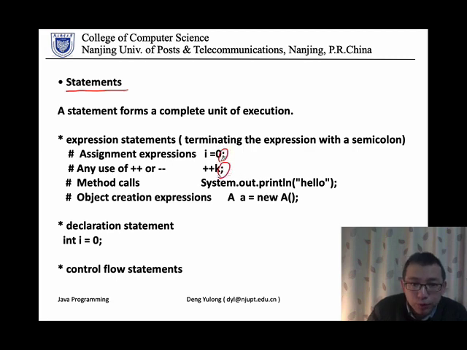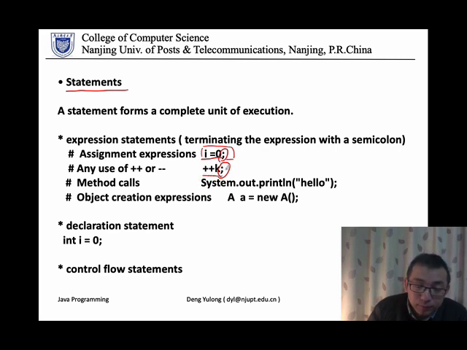We put the semicolon at the end of the expression, so the expression becomes a statement. For example, we assign 0 to i, we add a semicolon, and we get an assignment statement.